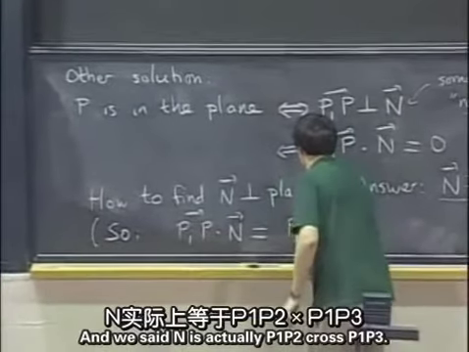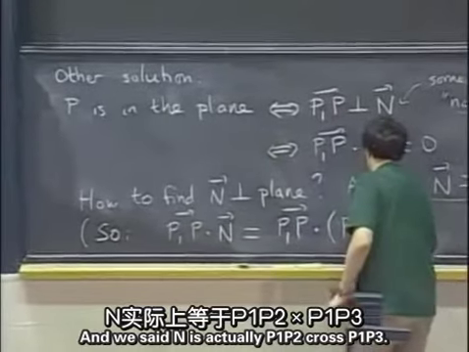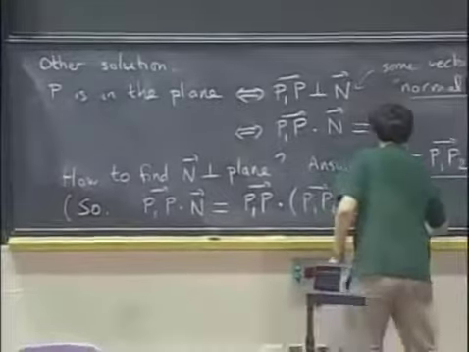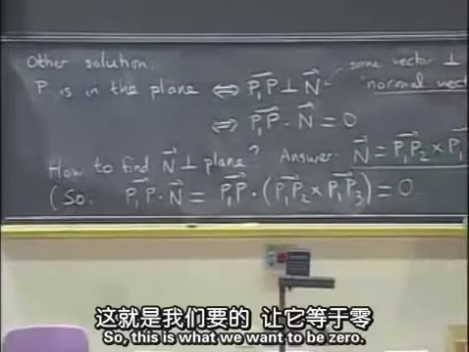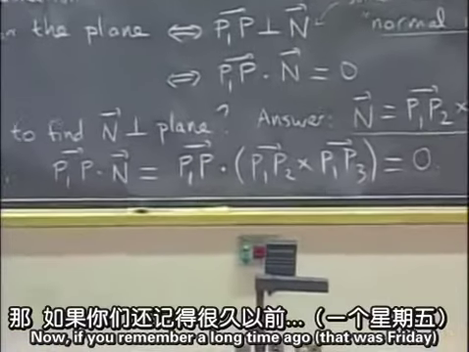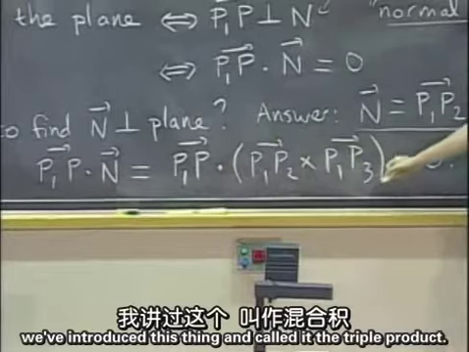And we said n is actually P1P2 cross P1P3. So this is what we want to be 0. Now, if you remember stuff from a long time ago, that was Friday, we introduced this thing and called it the triple product.